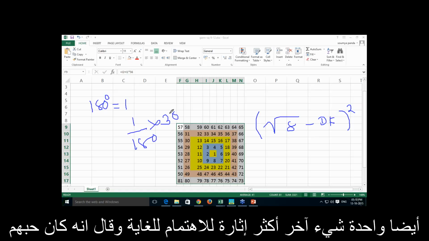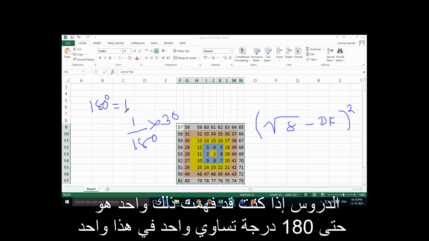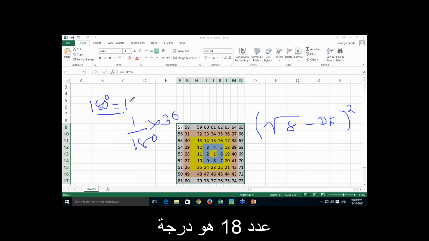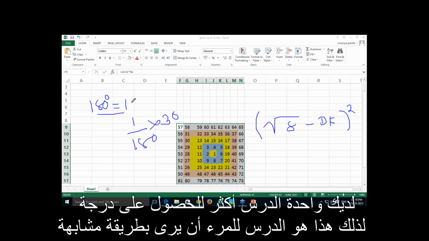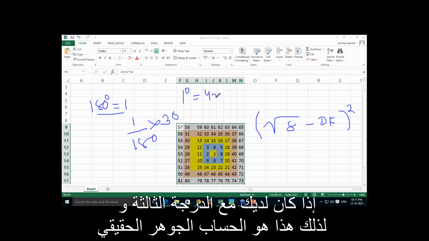One more very interesting thing he has developed. So 180 degrees is equal to 1. This one relationship you have understood. So 1 is a number, 180 is the degree. Similarly, you have one more relationship of the degree and time. 1 degree equals 4 minutes. So this is an arithmetic relationship you have with the degree and minute.